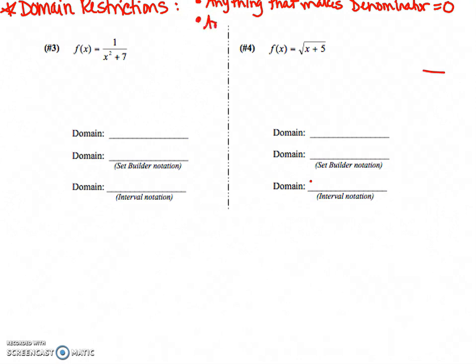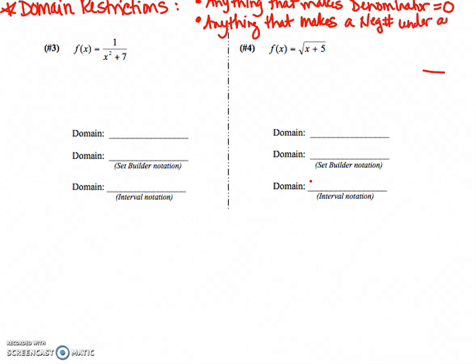And the other thing is anything that makes a negative number under an even root. Okay, so those are the two things that we need to be concerned about when we're thinking about domain. We did not have either of those issues with example 1 or example 2.